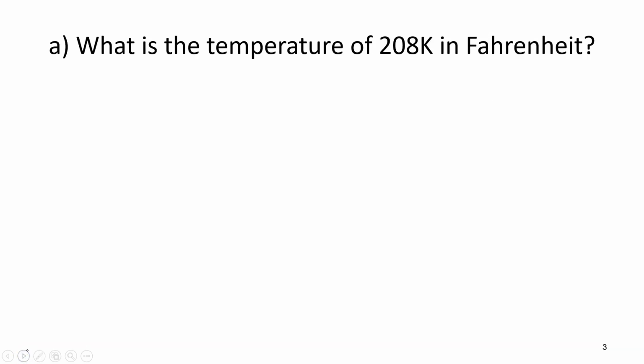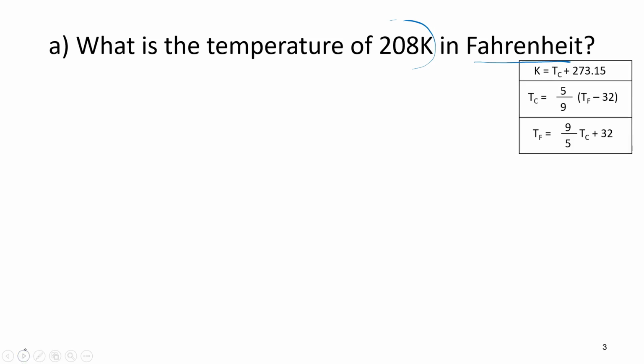Let's do one more, and this time we're given the temperature in Kelvin and asked to convert to Fahrenheit. Well, we don't have a direct way to go from Kelvin to Fahrenheit. We're going to have to go from Kelvin to Celsius, and then from Celsius to Fahrenheit.